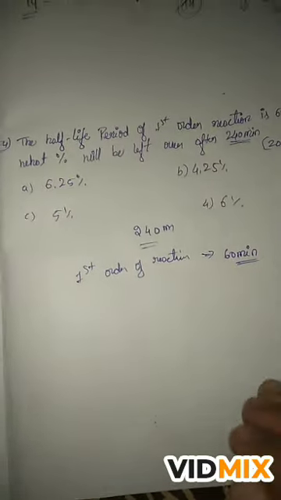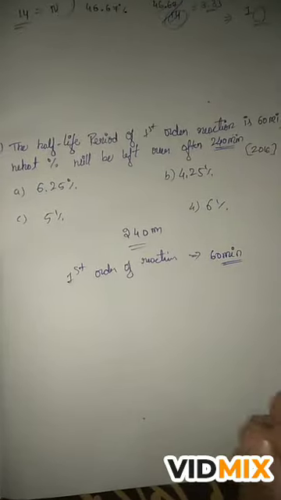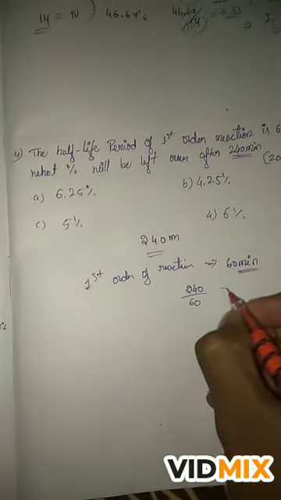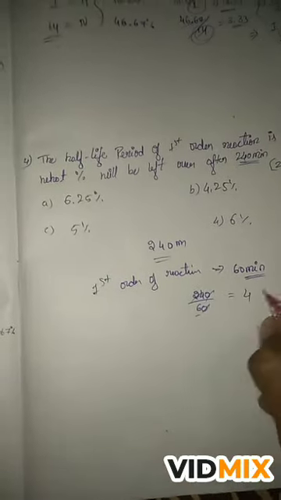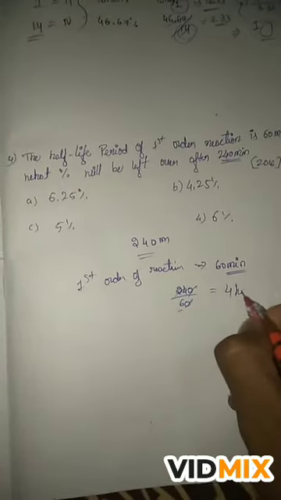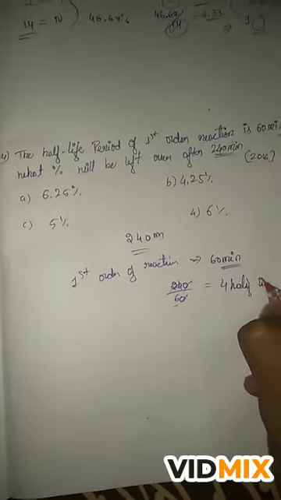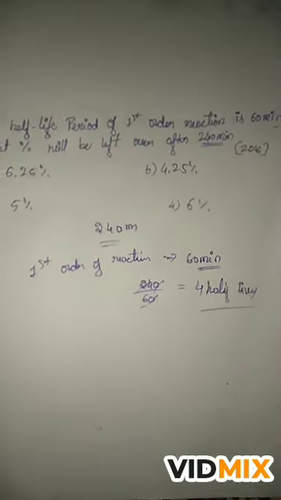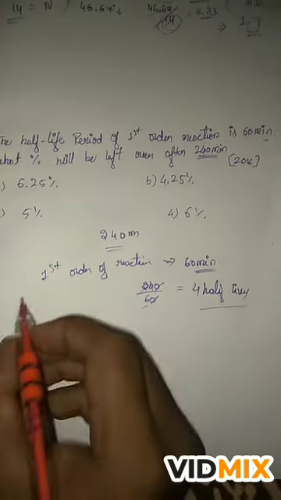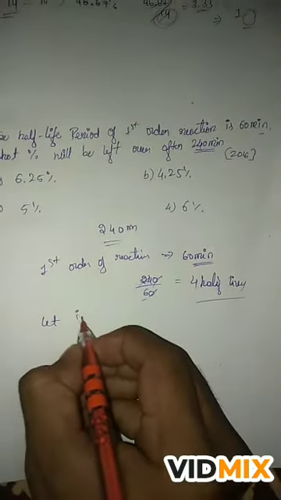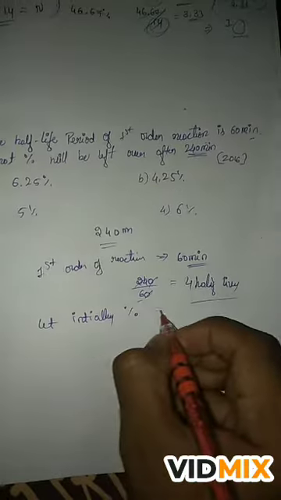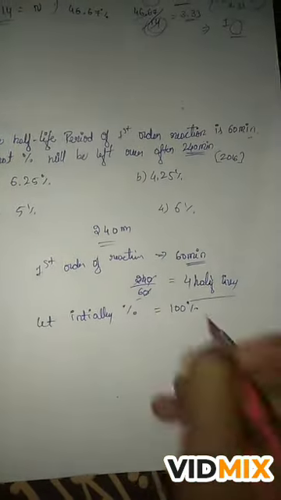Now we divide 240 by 60, and we get 4 half lives. Let the initial percentage be 100%.